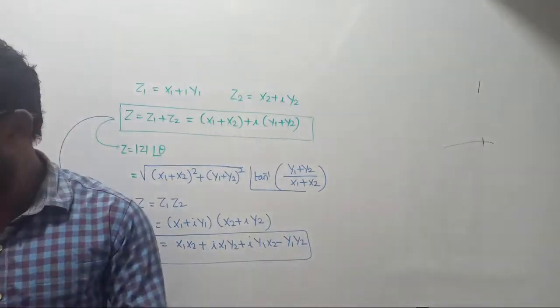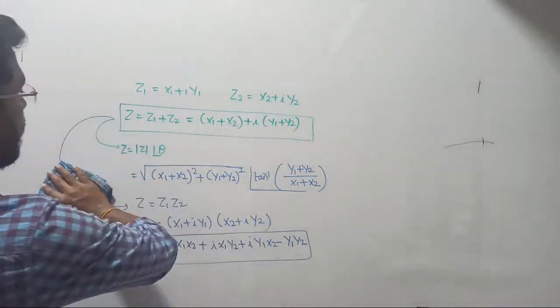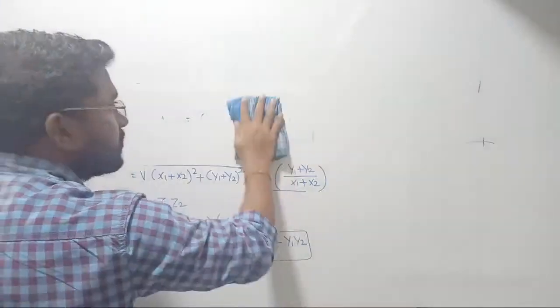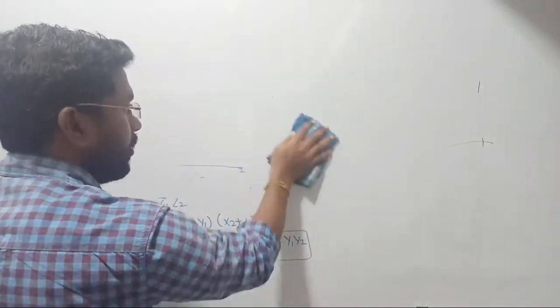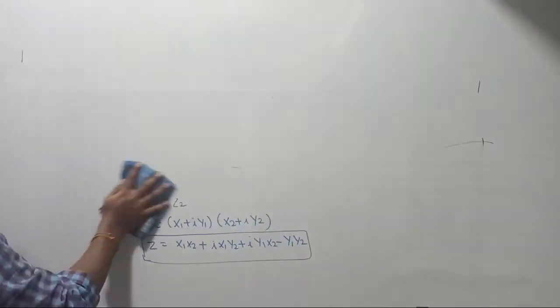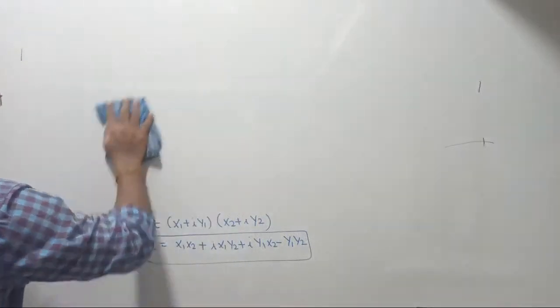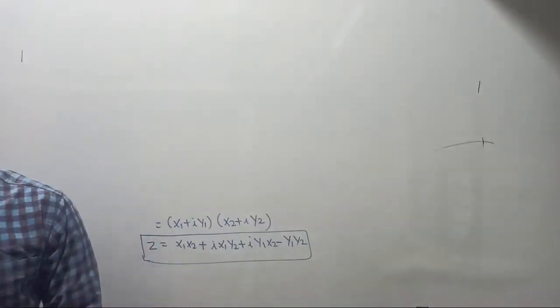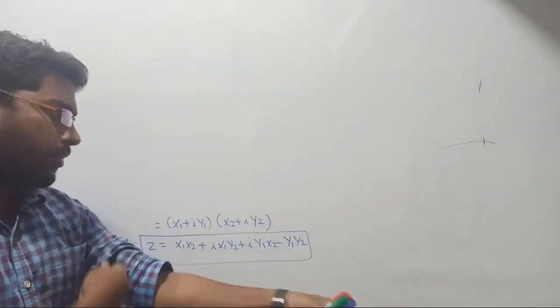So let's continue our journey with this. After finding these values, our target is to transform these terms into the polar domain. For that, just club them together. What do we club? We have to bring the real part separately and the imaginary part separately.